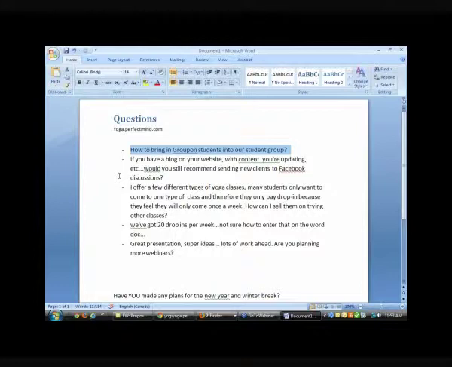The goal is to get to know them. Their goal is to get a good deal. So yes, they want a good deal if it's just another monotonous yoga class, but let's say they come down to that yoga class and you're the teacher, and after the class, either you or one of your staff members gives them personal attention for 10 minutes, talks about their goal setting. Why would yoga be good for them?